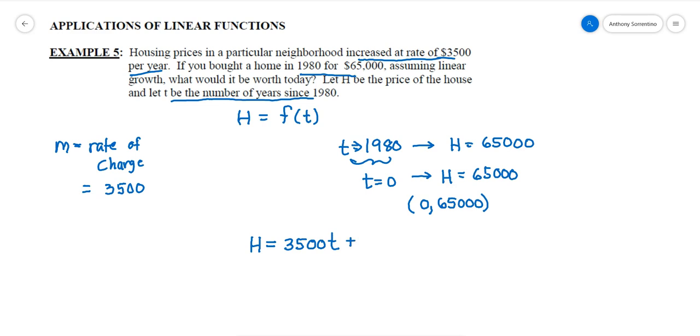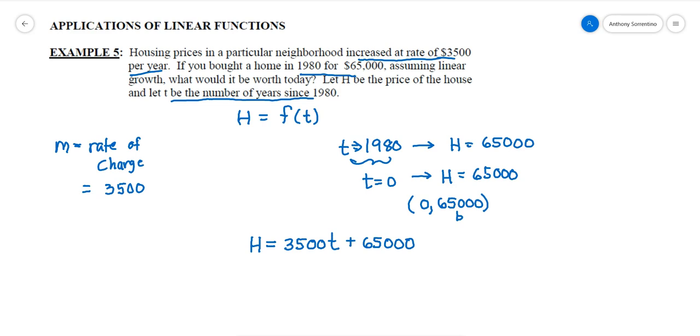This would be the B value, 65,000. Since it is a linear growth that we're assuming here, it could be represented in slope-intercept form.